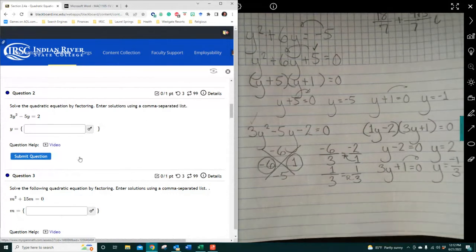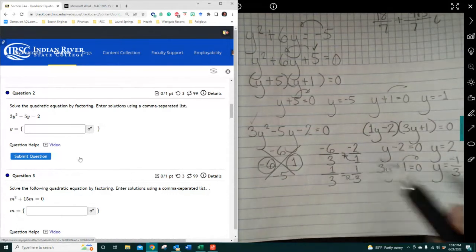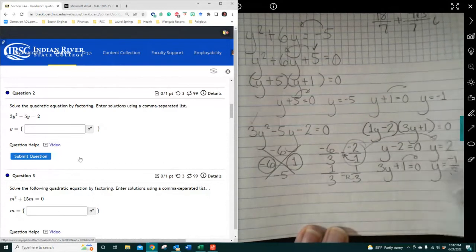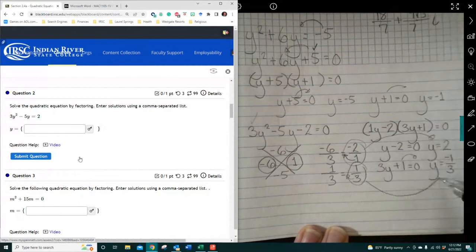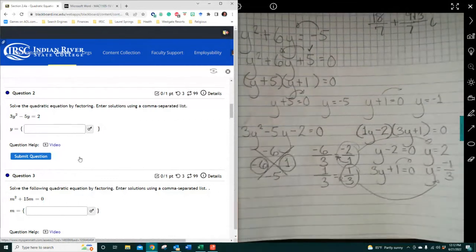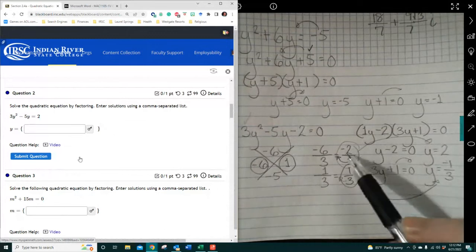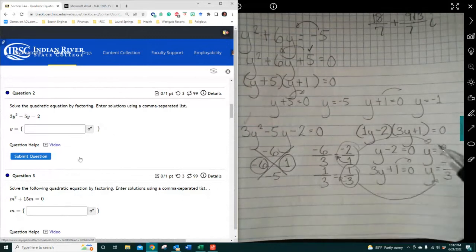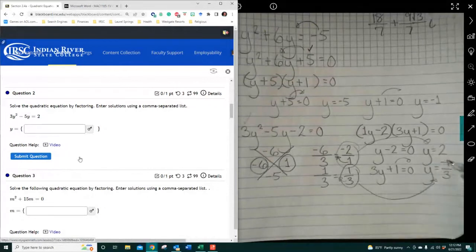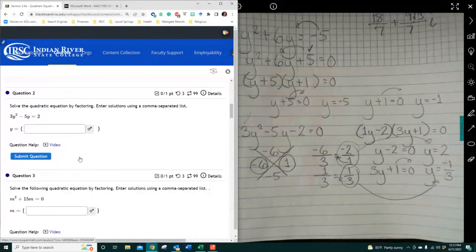Now, you probably are wondering, well, once you do this, can I just go ahead and immediately get to the answer? And the answer is yes, so long as you switch the signs. If you switch the signs, then you'll be fine. Like -2 over 1 now becomes +2 over 1. 1/3 becomes -1/3. And then you would, in fact, get the right answer.